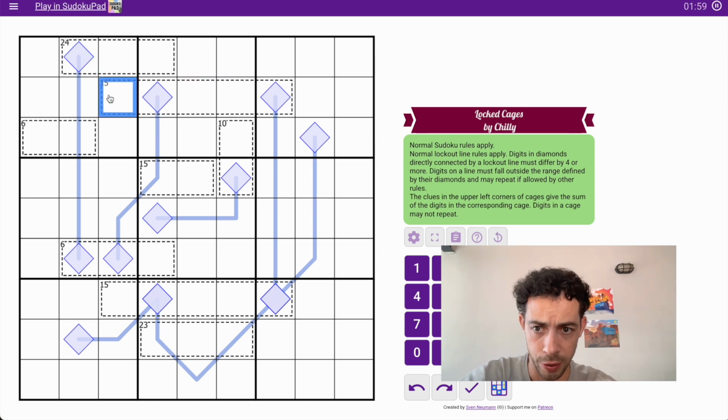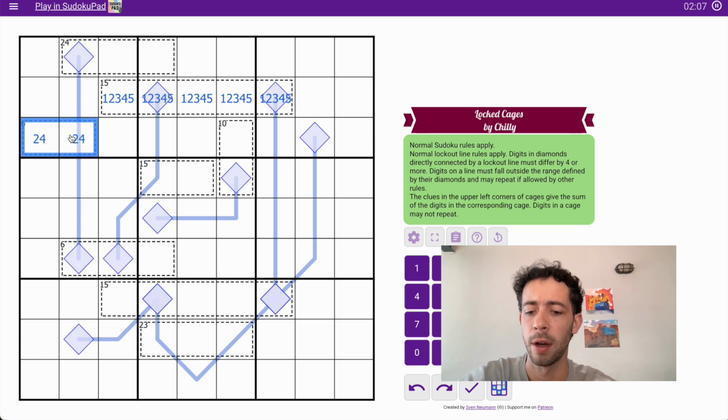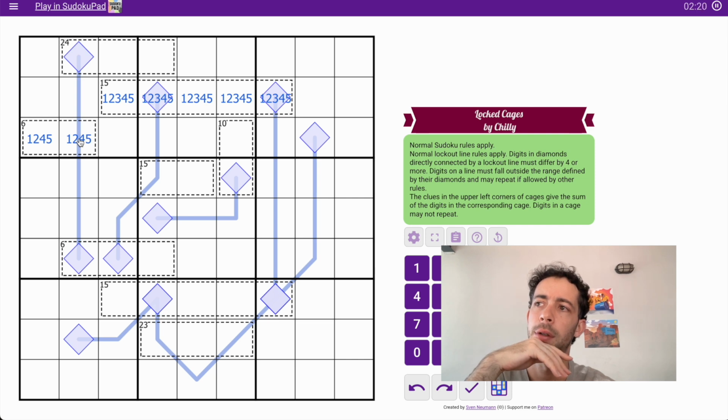This 15 cage is going to give us 1, 2, 3, 4, 5 to make 15. And just to go through this again, the possibilities are going to be 4 and 2 and 5 and 1. Right, but you're never going to be able to have 5 on this lockout line, right?